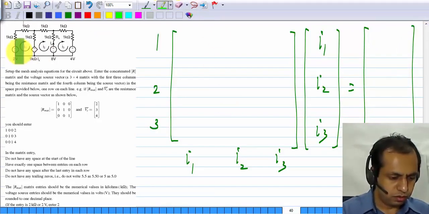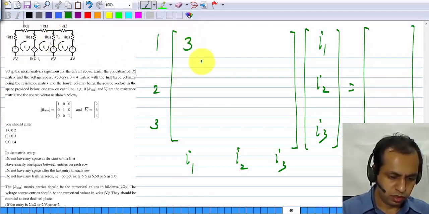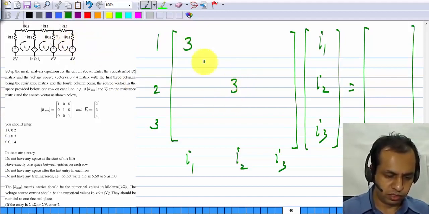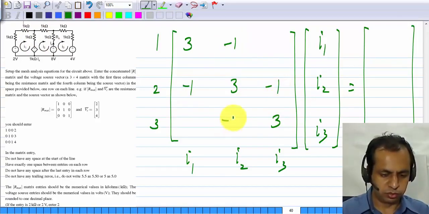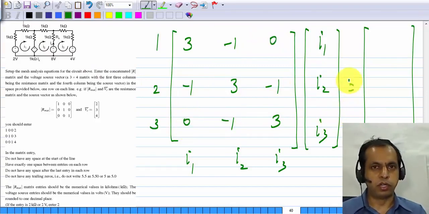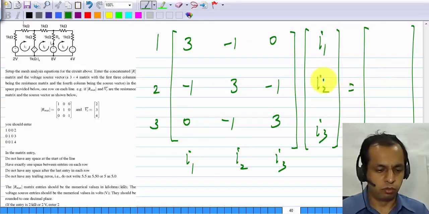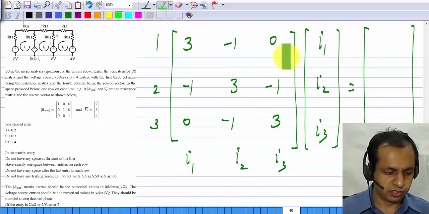The total resistance around mesh 1 is 3, around mesh 2 it is 3, mesh 3 also 3. Resistance common to meshes 1 and 2 is -1, common to meshes 2 and 3, -1, common to meshes 1 and 3, 0. Now I have not included the current controlled voltage source yet. This contribution is only because of the resistors.